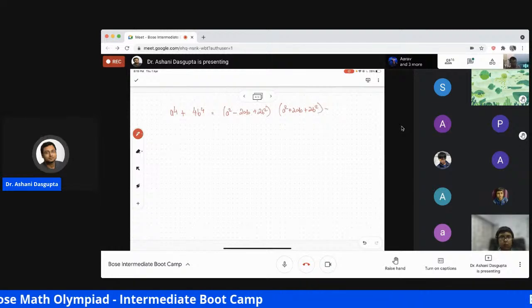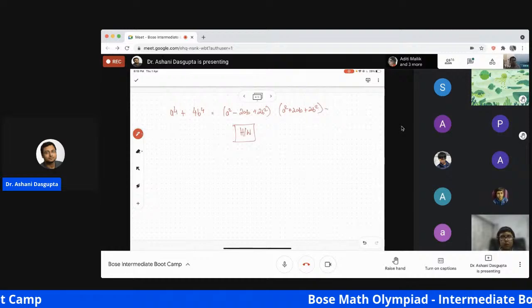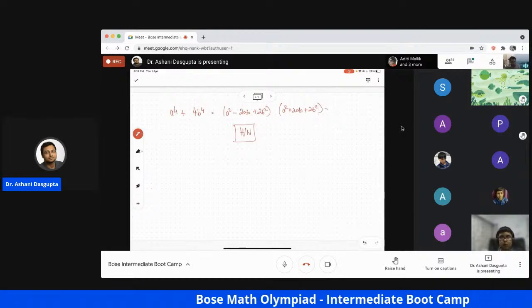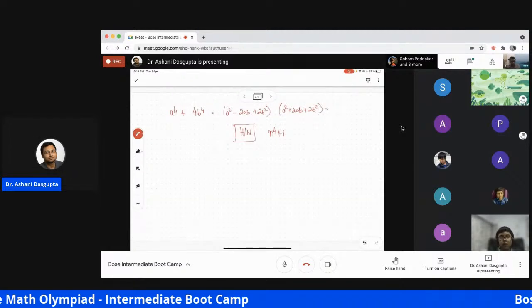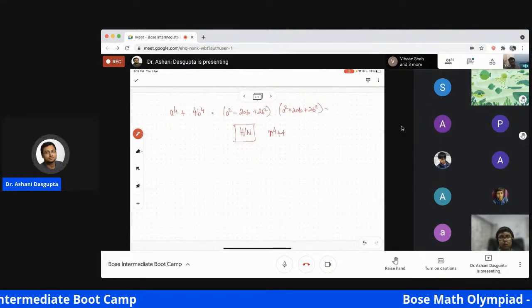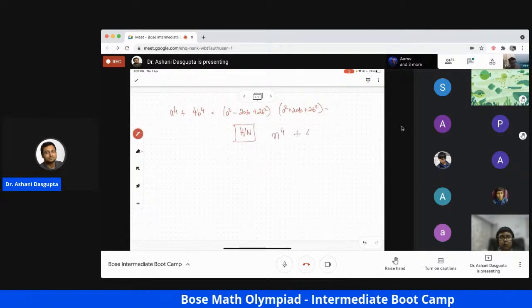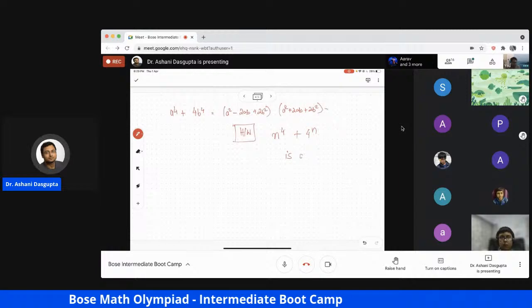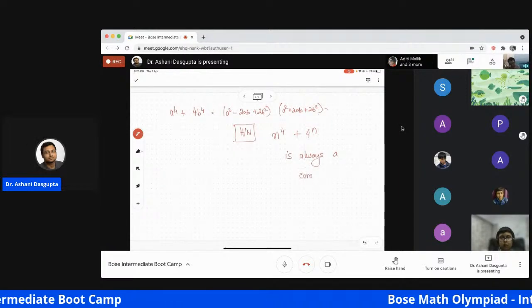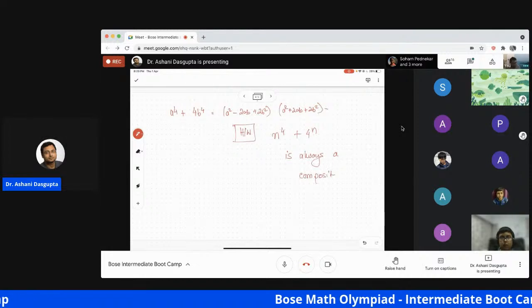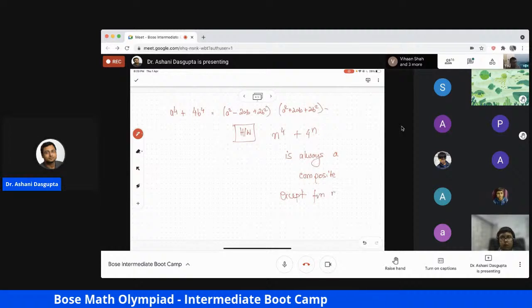Okay, so I'll give you a homework problem. Show that n to the power 4 plus 4 to the power n is always composite, except for n equals to 1.